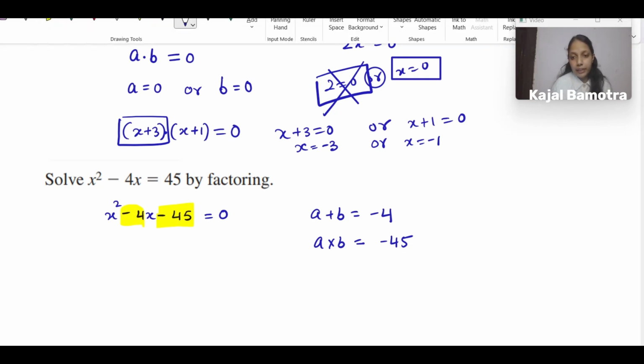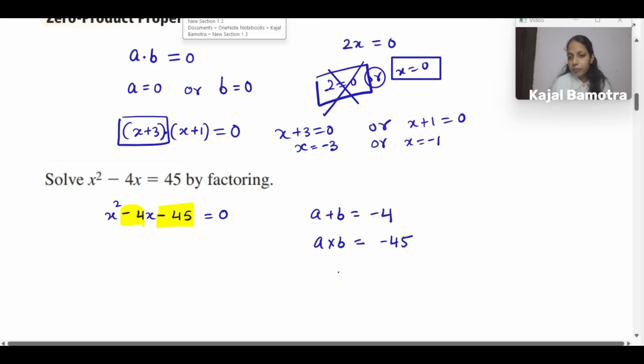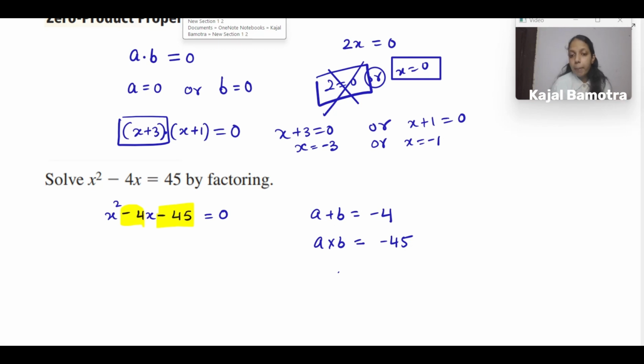If you start with multiplication, it will be easy. 9 times 5 is 45, and 9 minus 5 is 4. But I want a negative number, so that means 9 will be negative. -9 + 5 is -4, and -9 times 5 is -45.